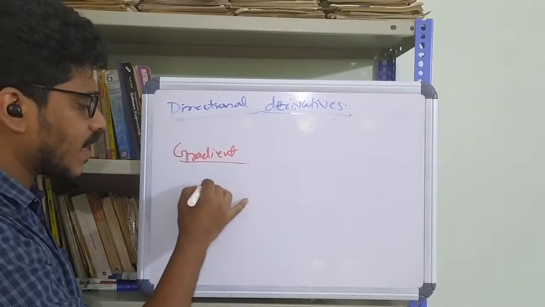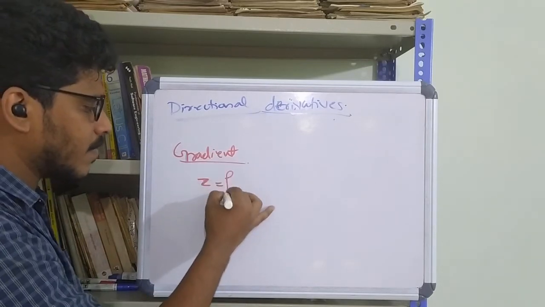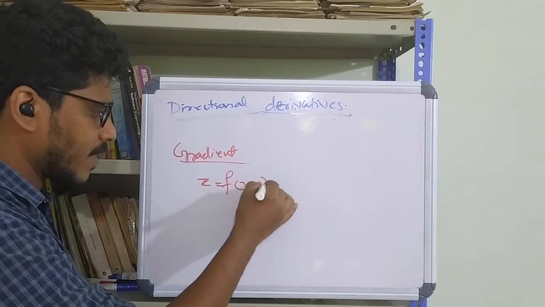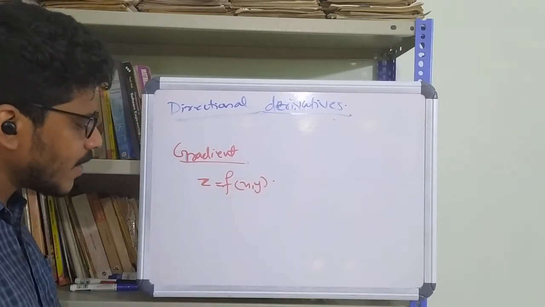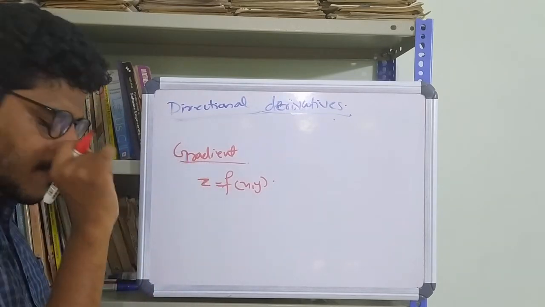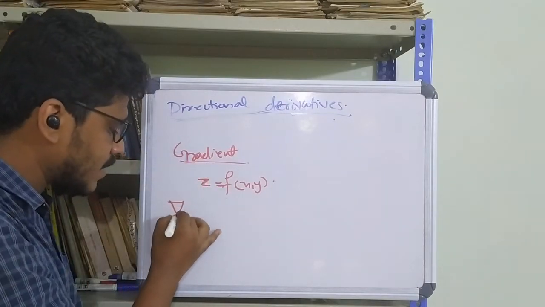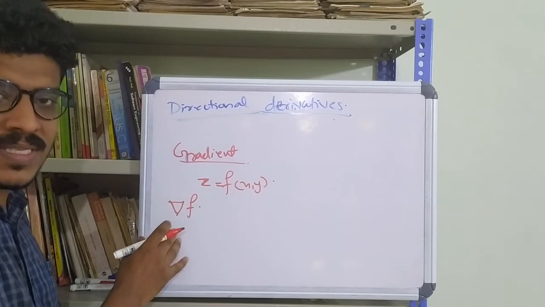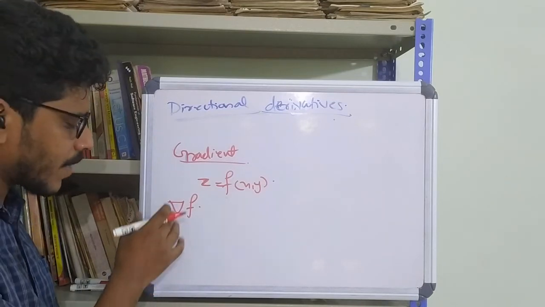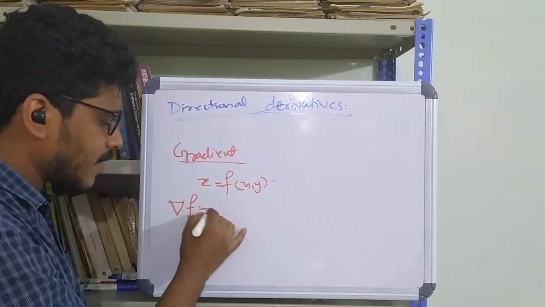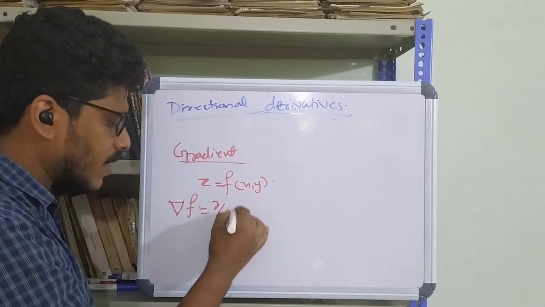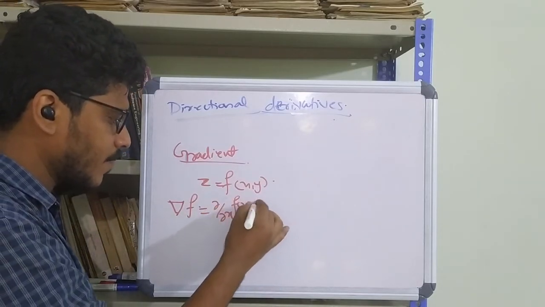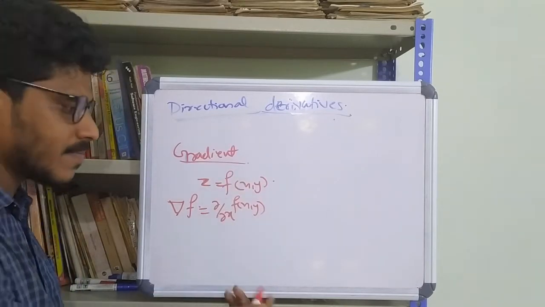Suppose we have a scalar function of two variables, say f of x y. The gradient of f of x y, denoted as grad f, you might be familiar with this operator. Grad f is equal to dou by dou x of f of x y, or dou f by dou x simply.